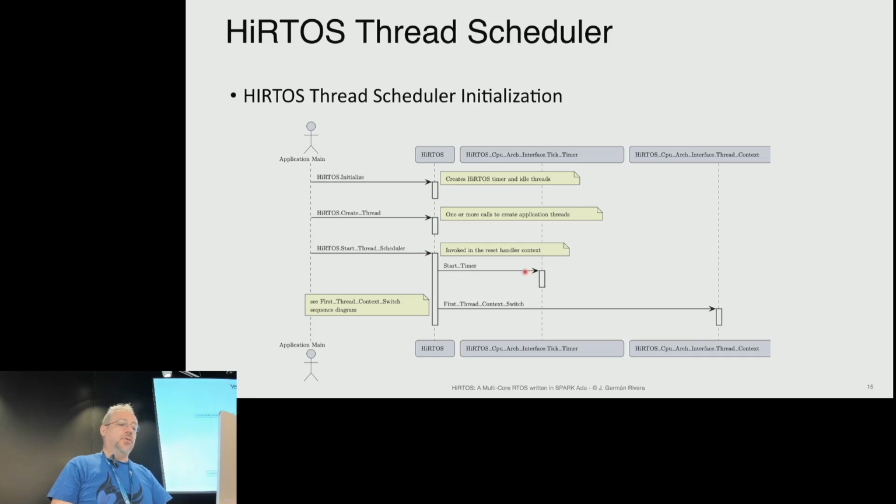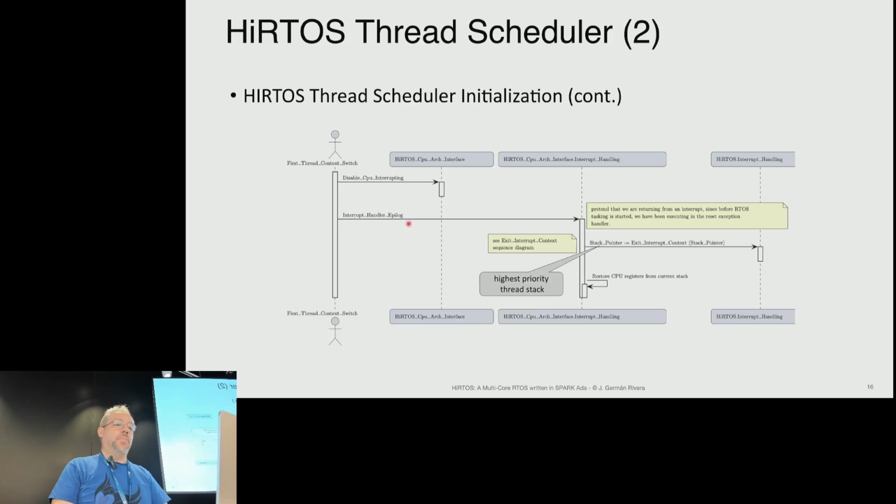When you start the scheduler, that starts the timer to generate the tick for the RTOS, and then you perform the first context switch. The first context switch is implemented such that HiRTOS pretends that it is returning from an interrupt to the first task. That is because up to that point, HiRTOS had been running in the reset handler, which is interrupt context.